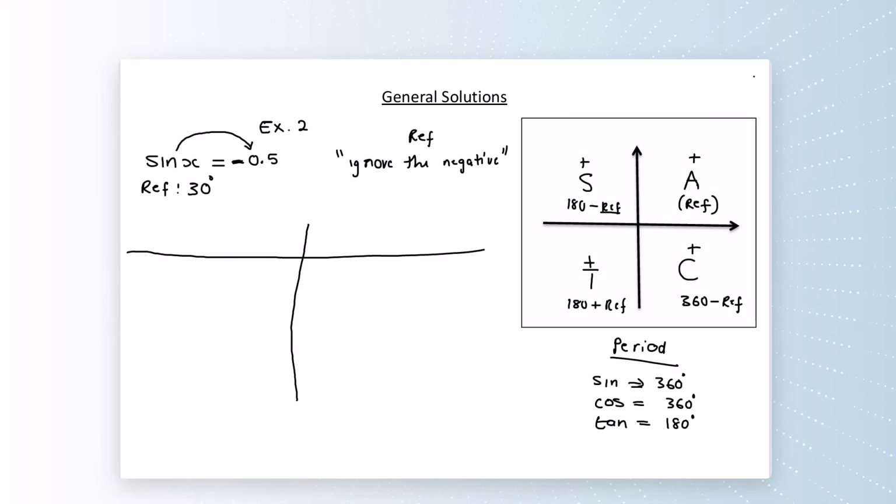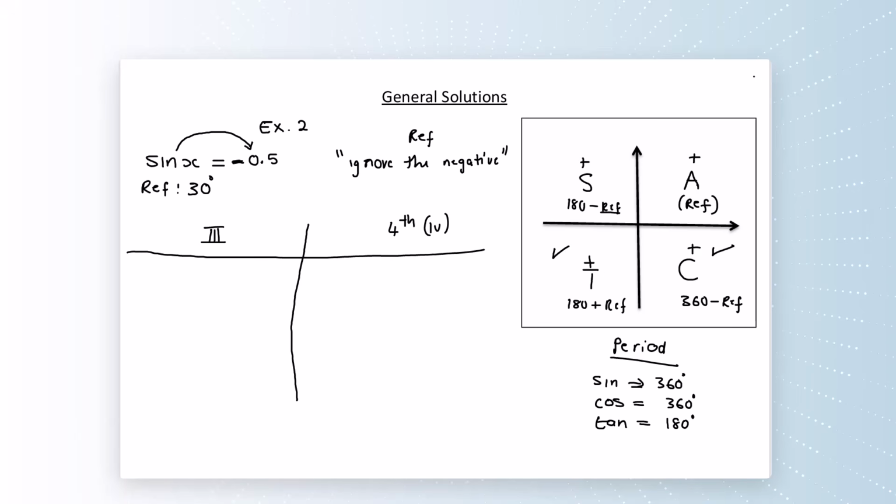Since sine is positive in 1 and 2, it's going to be negative in 3 and 4. The third quadrant and the fourth quadrant. So we're going to be working with the third and the fourth there.